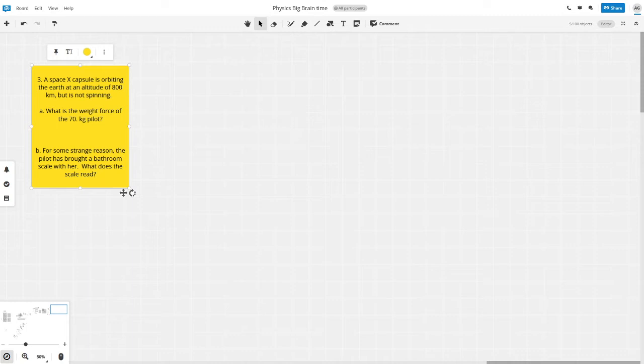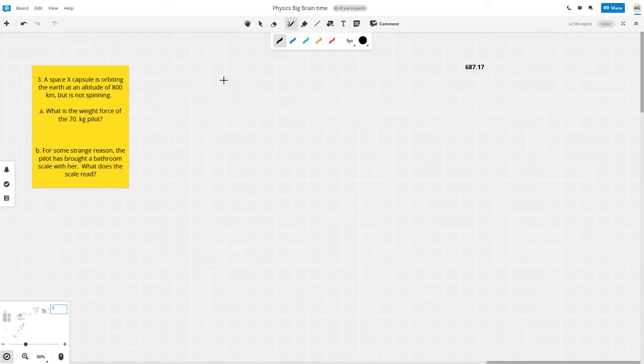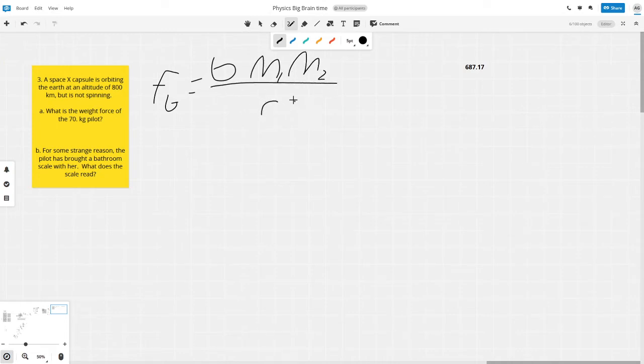The answer I got is 687.17. Let me quickly type it out and put that here. For 3A, how I got it was I just did the force of gravity equals G M1 M2 over radius squared.